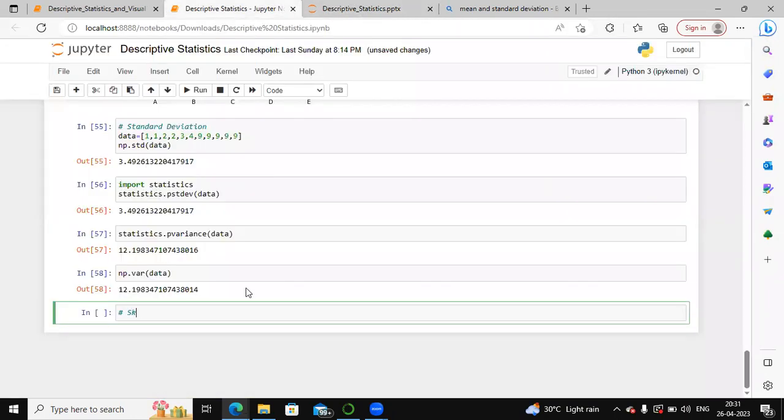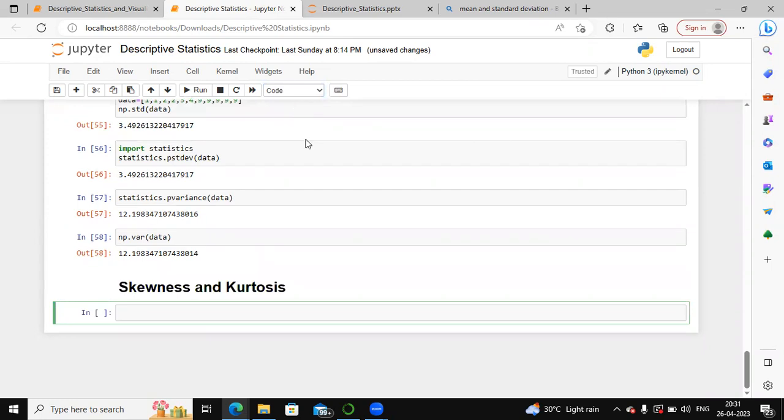So now it's skewness and kurtosis. Let's write a code for skewness. First import numpy.